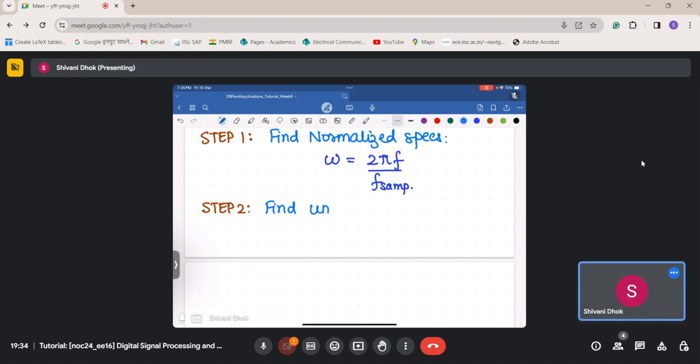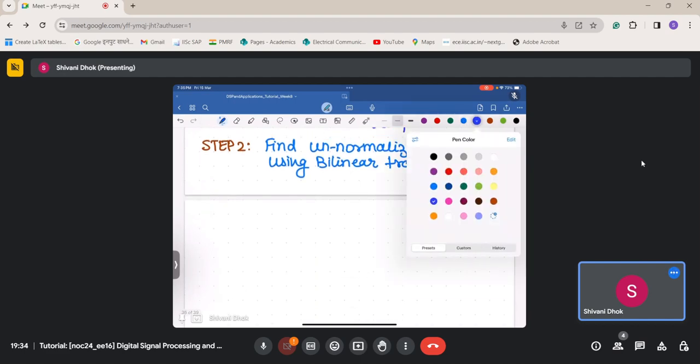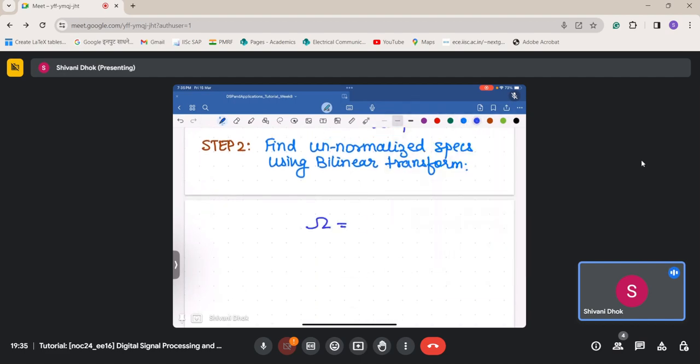Step 2: find unnormalized specs using the bilinear transform. You will do this using the formula Omega = tan(omega/2).